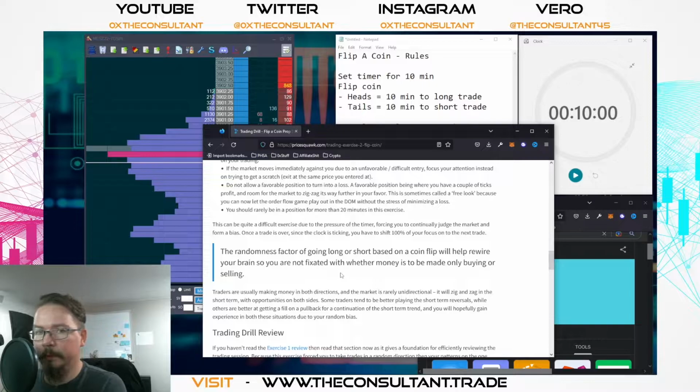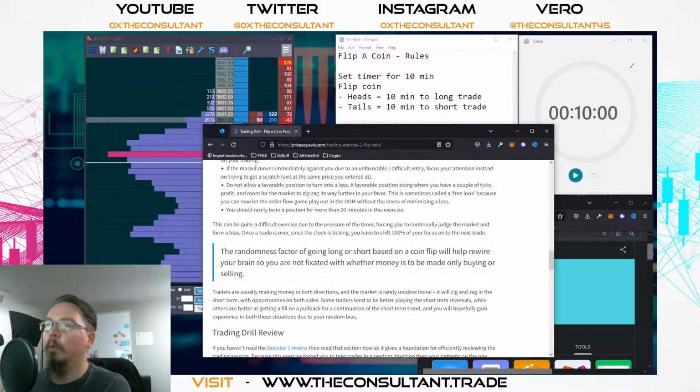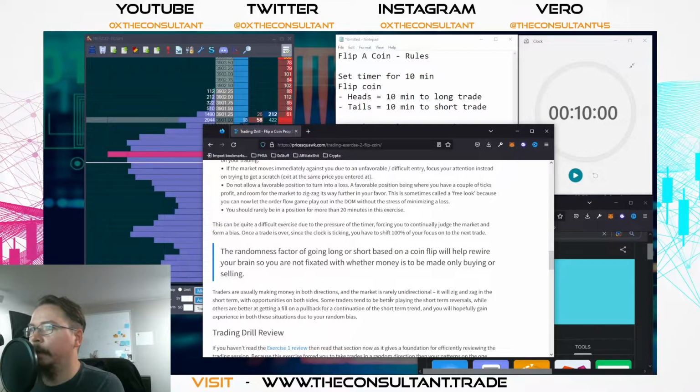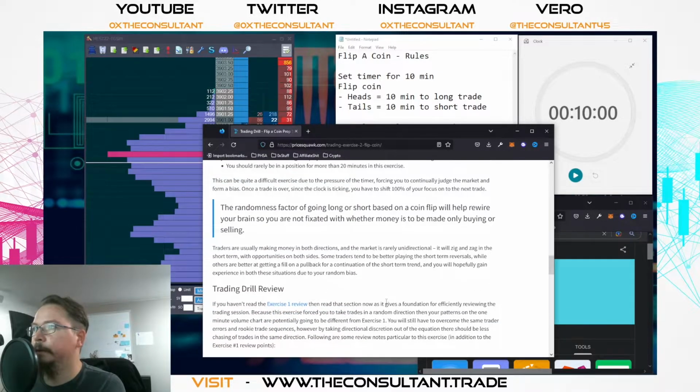That's also really important because I think throughout the day we do try to form a bias by looking at a chart, which is why I'm trying my hardest to get away from using a chart and really just looking at order flow and the market profile for the session. So I think this is something to keep in mind while you're doing this.